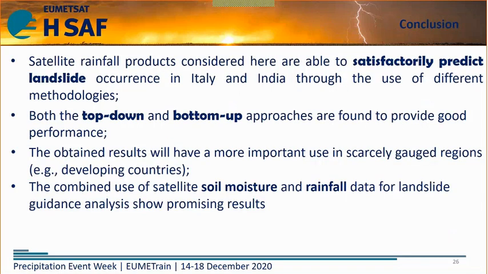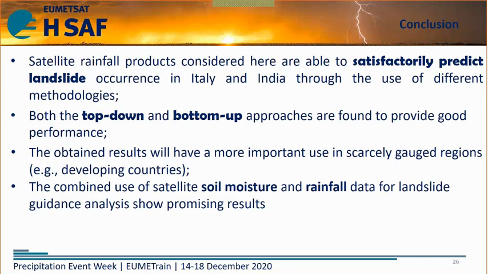So in conclusion, the satellite rainfall products that have been considered in this presentation and these studies are able to predict landslide occurrence in Italy and in India through the use of different methodologies. We have seen the use of empirical rainfall thresholds and the use of more complicated prediction models.